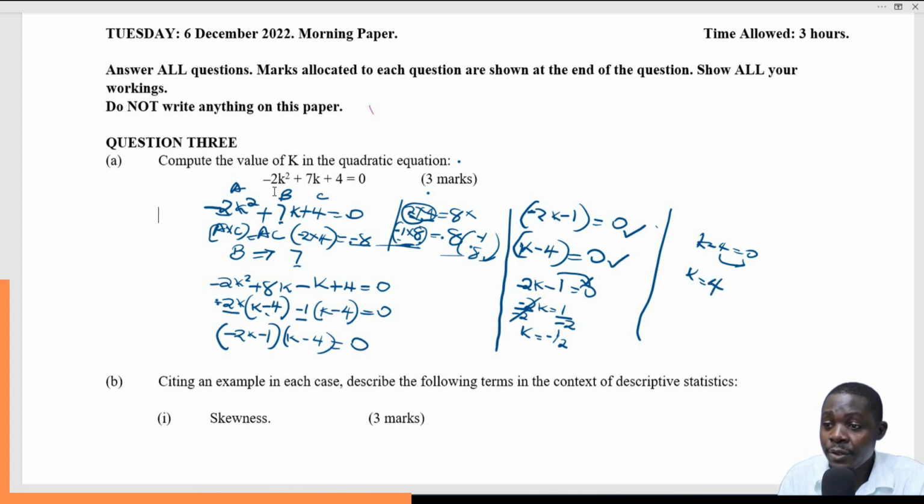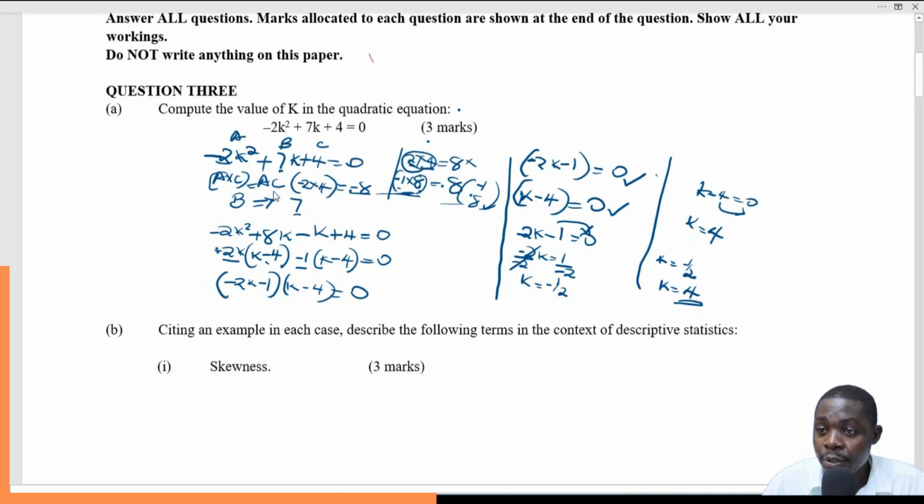Now our values for k, we are going to have k is equal to negative a half, and then the other one, k is equal to 4. You present these two answers. Those are the values of k as per this particular quadratic equation. You do that, you get yourself 3 full marks.